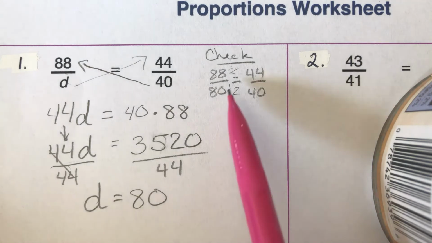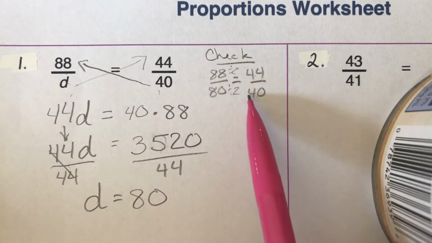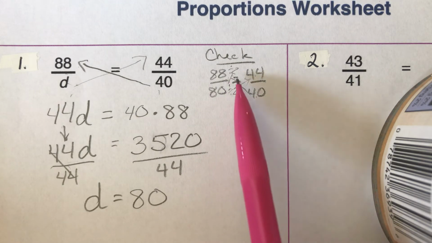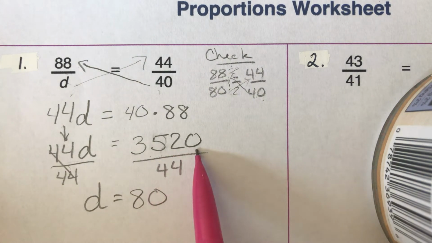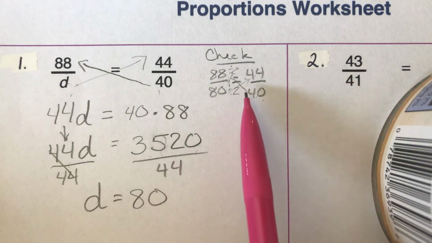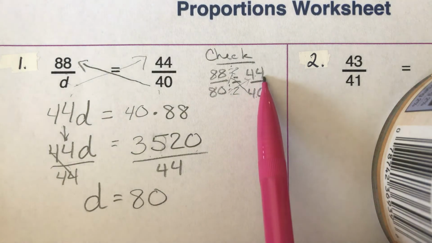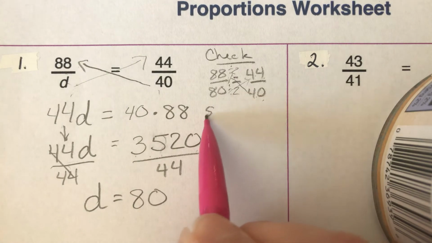The other thing is, just like we multiplied across here, these will be the same if we multiply here. We already know that 88 times 40 was 3,520. So here we want to make sure that 80 times 44 is also 3,520. I'm going to write this all down.